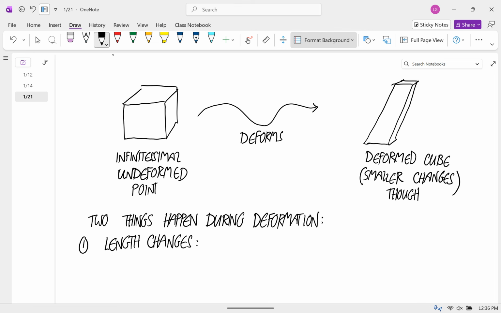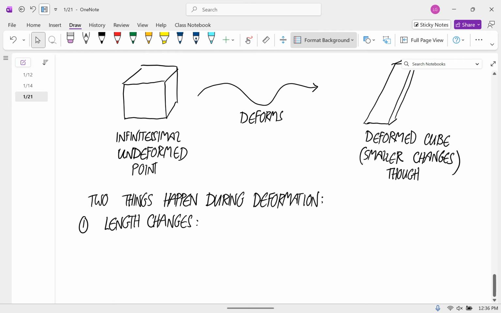If you look at this picture, you can see, for example, from the top to the bottom of the face that's pointing at us becomes longer, and from left to right becomes shorter. Those are length changes, and these are represented by the normal strains.